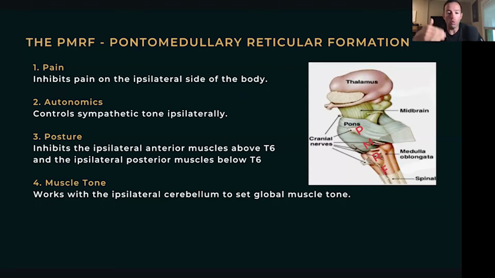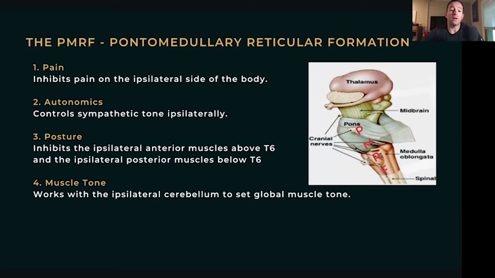These are the roles of the PMRF, okay? So the first one is pain inhibition on the ipsilateral side of the body. Remember what we talked about. If you have a PMRF issue and you happen to fall into the pattern of having all one-sided pain, it literally could be because your PMRF is not doing its job properly and inhibiting pain on that side of the body.